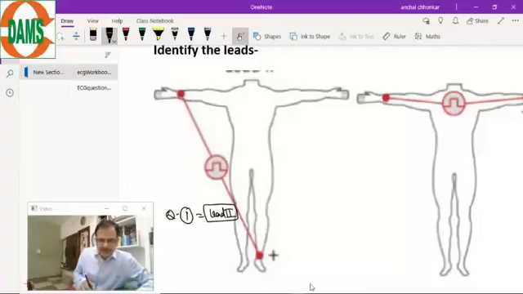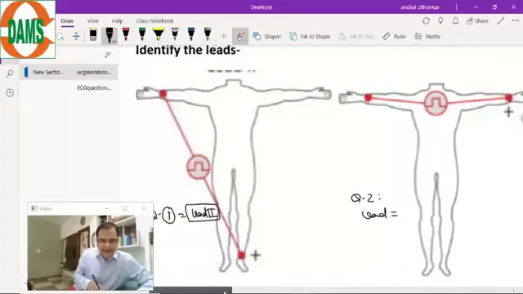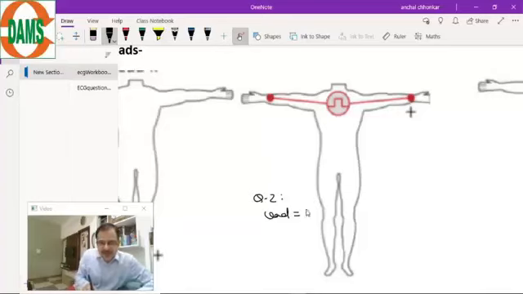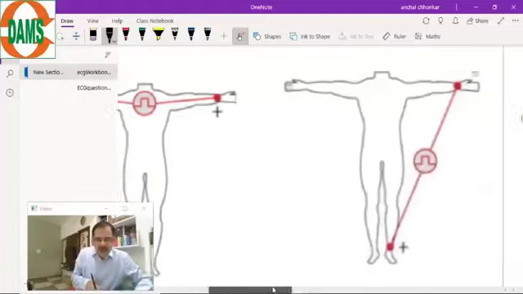Now, question 2. Which lead is this lead? Yes, this is lead 1. You can see the positive pole is on the left upper limb and the negative pole is on the right upper limb. Now tell me, which lead is this?